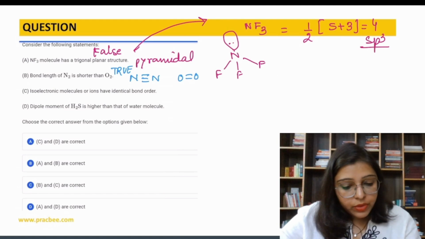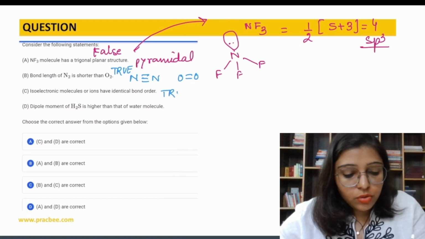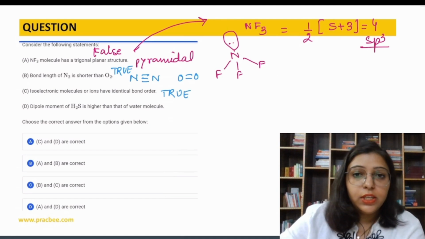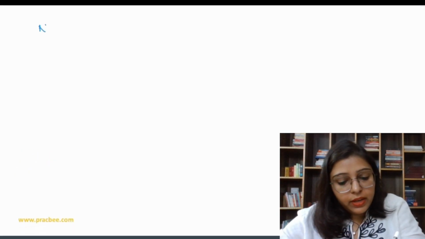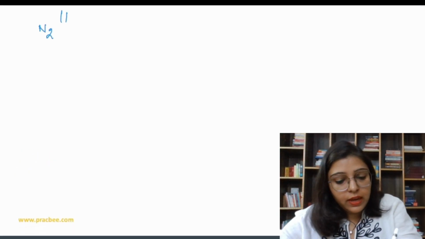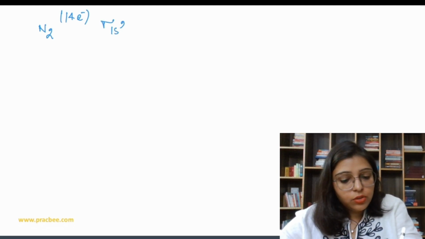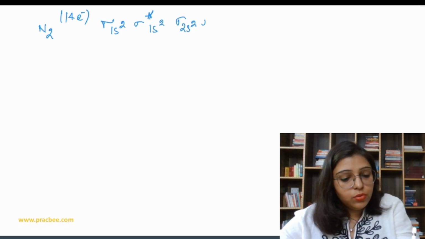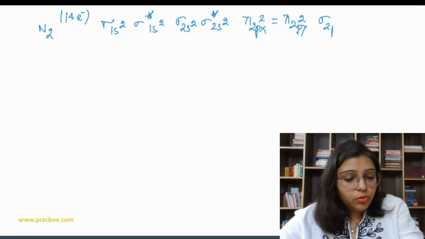Okay, now: isoelectronic molecules or ions have identical bond order. Yes, this is also true. For example, for nitrogen we have 14 electrons in total. So how to write the configuration? Sigma 1s2, sigma star 1s2, sigma 2s2, sigma star 2s2. Then we have pi 2px2, pi 2py2, then sigma 2pz2.